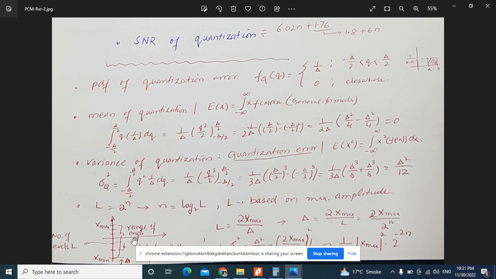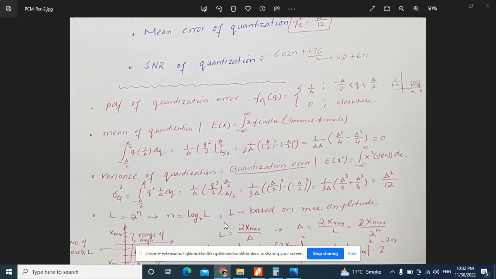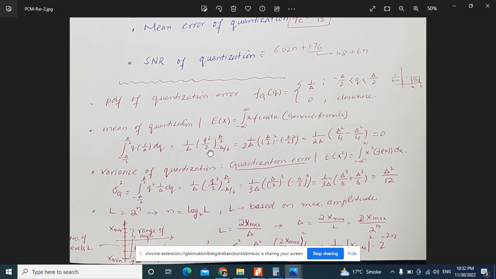So the range of the amplitude is x max to x min, and this is the number of levels. And then you can define the variance, that is equal to delta square by 12. So that is 1 over 3 x max whole square into 2 raised to the power minus 2n.